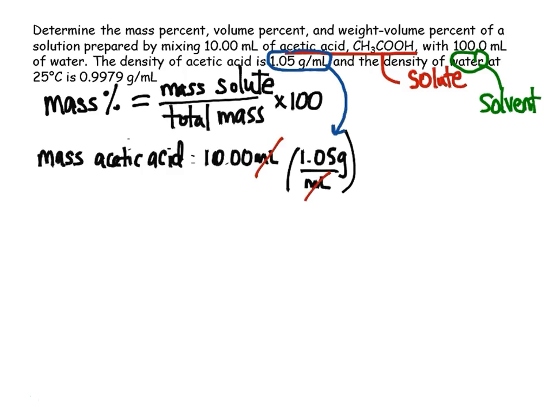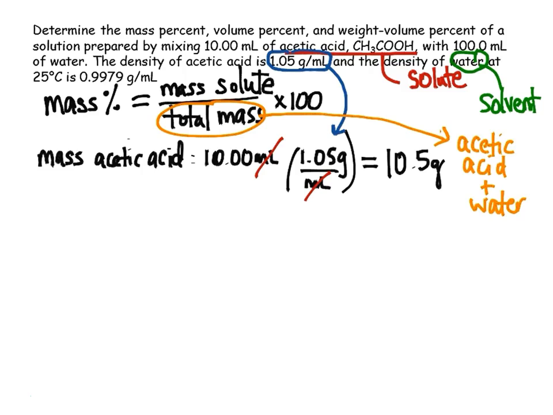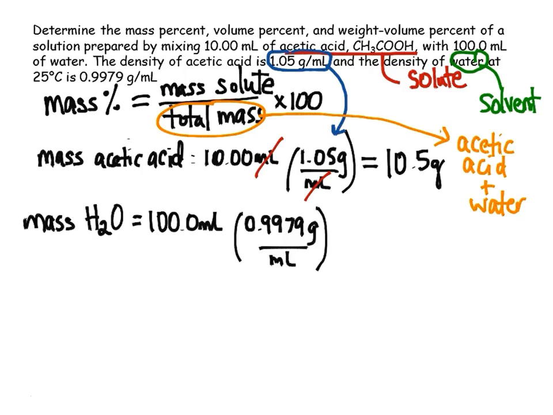Milliliters cancel, which gives me mass, grams of acetic acid. That's going to go in my numerator. That's 10.5. The total mass, remember, is the mass of the solvent plus the mass of the solute. So we need to add the mass of acetic acid and the mass of water. So next we need to calculate the mass of water from its volume and its density. Milliliters cancel, and that gives me grams.